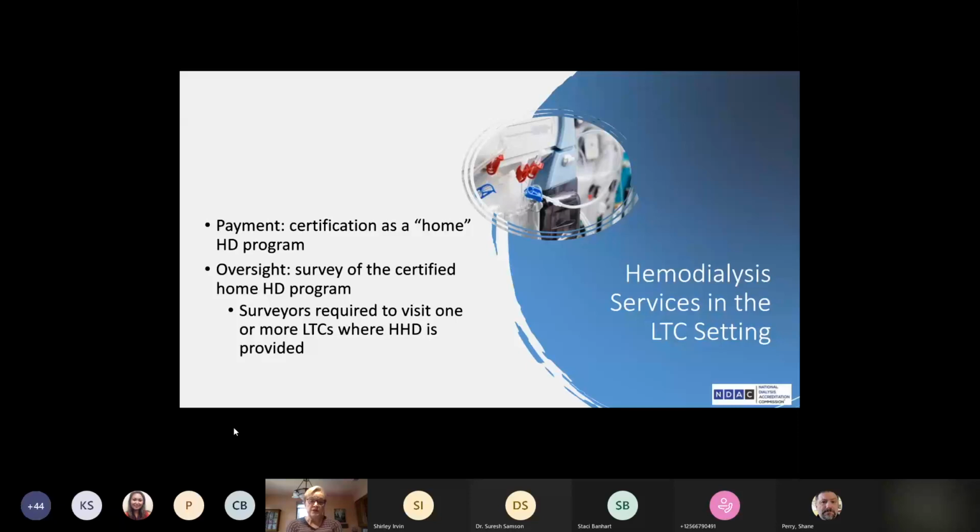If you're doing both, you'd need certification for both. And then the oversight of the dialysis itself in the long-term care setting is through the certified hemodialysis program. And surveyors are required to visit one or more long-term care settings where home hemodialysis is being provided. Or if peritoneal dialysis is being provided, again, the surveyor is expected to visit at least one and perhaps more long-term care settings where dialysis is provided. Next slide.